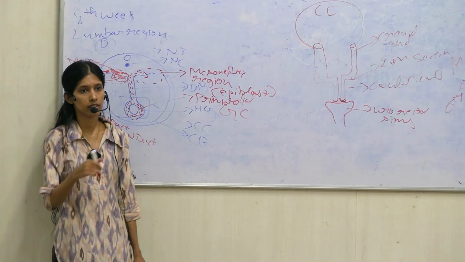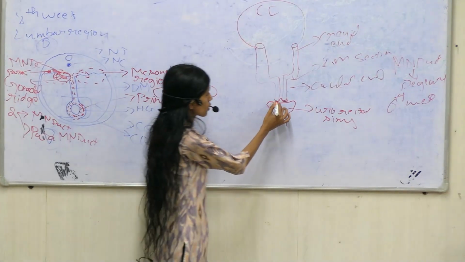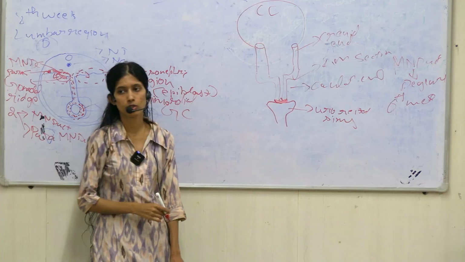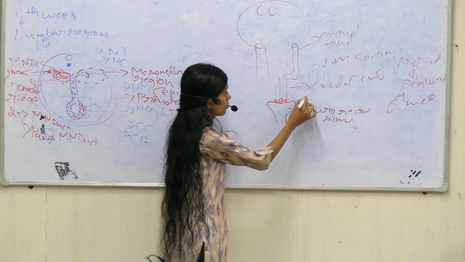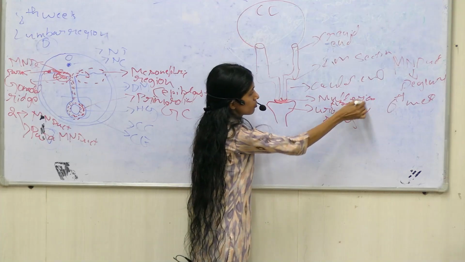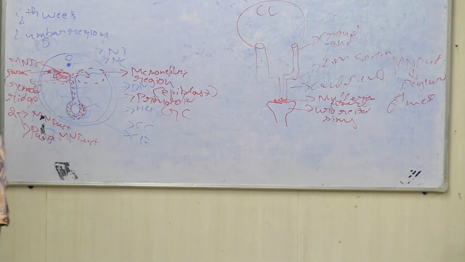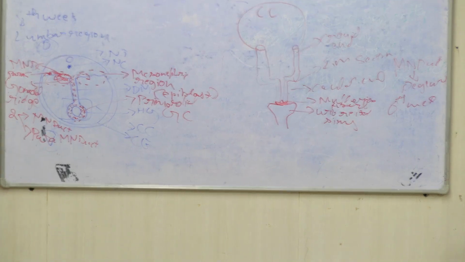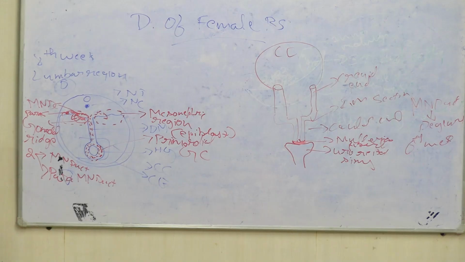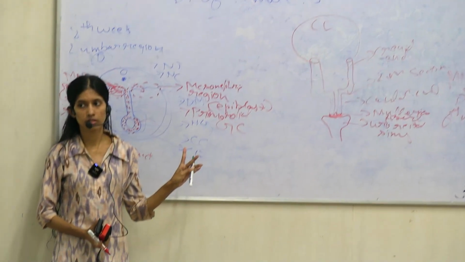When they are coming in contact with the posterior surface, it will form a small tubercle-like structure here, and this tubercle is called as Mullerian tubercle. Is it clear? Any doubts in this?